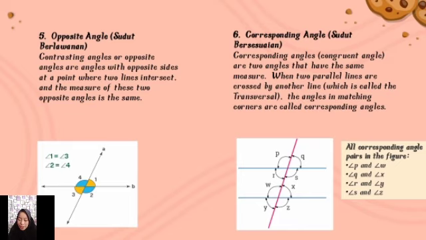We can see the picture. The corresponding angle pairs in the figure: angle P and angle W, then angle P and angle X, then angle R and angle Y, and then angle S and angle Z.